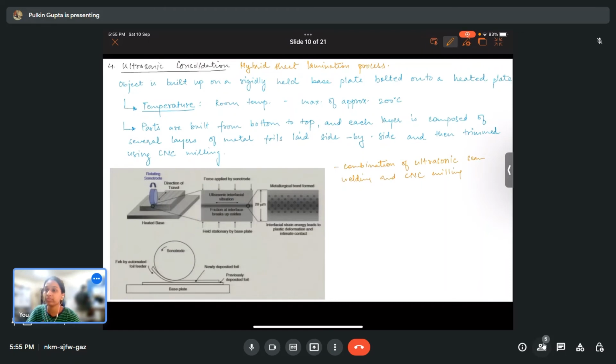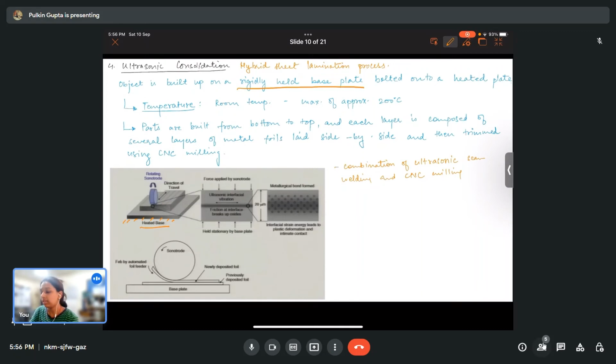Okay, so in ultrasonic consolidation, the object is built up on a rigidly held base plate, which is bolted on a heated plate. So here you can see this is the base plate, and below this is your heater, which helps in heating, and over this is your part being built.